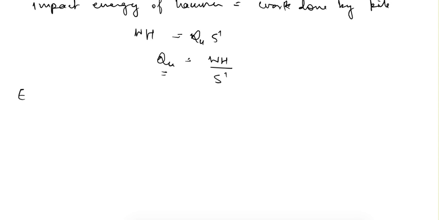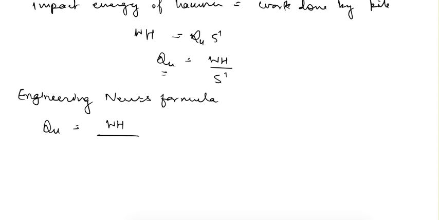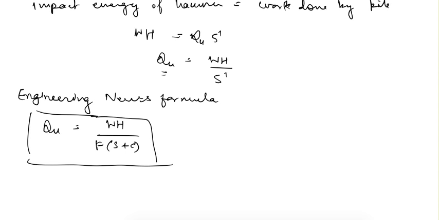So first let's see the engineering news formula. According to this formula, QU is equal to WH upon F times S plus C. Now here this S dash is equal to S plus C, where S dash is the theoretical set per blow.